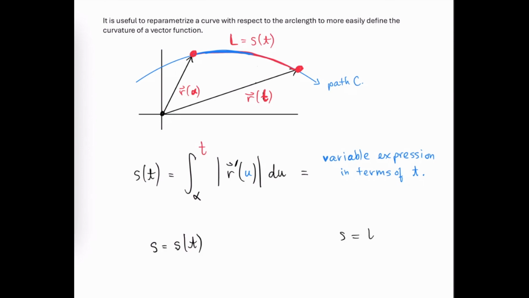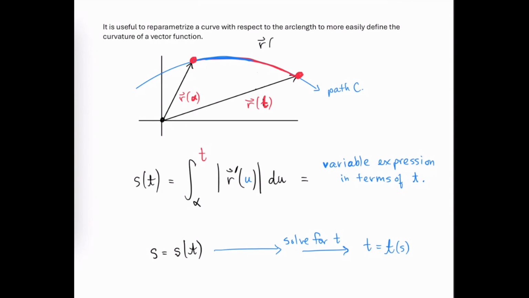Now if I have some variable expression in terms of t that is the value of the arc length, we could solve it for t and end up with, say, t is equal to s minus 3, or that t is now equal to some function of s. So jumping back into the general case here, we could solve this for t to represent that parameter as a function of the arc length.